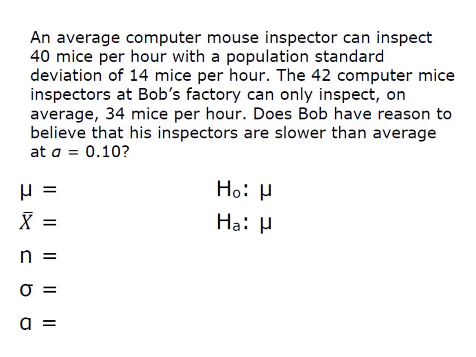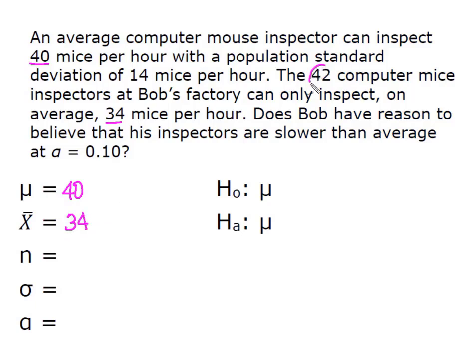I'm going to go through the problem and pick out the information that I have. So the average in the population is 40, but on average his guys can only inspect 34, so that becomes X bar.